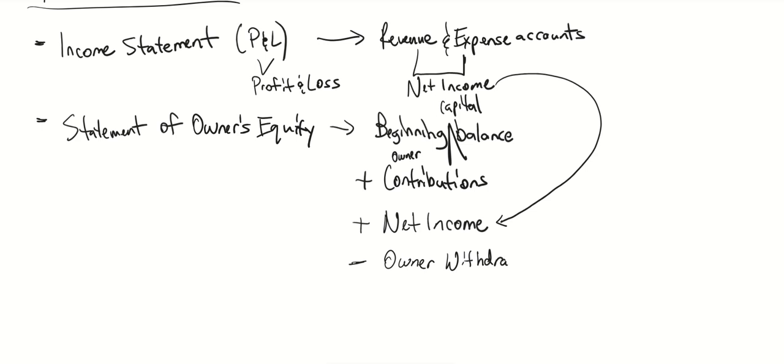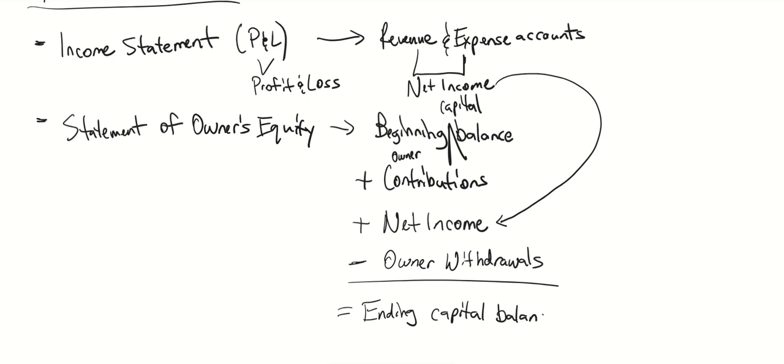So if the owner decides to go in and take out money or anything else that's going to affect equity, we're going to subtract it from this capital balance. And then this is where we get our ending capital balance. Okay, and all of these components here are shown in the statement of owner's equity.